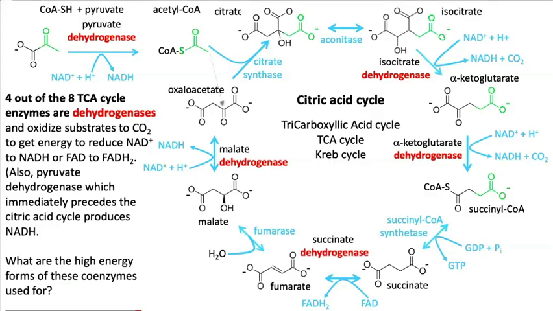Now, I have to point out, I'm exaggerating, right? You got me on that. It does take one FAD and convert it to FADH2. But again, remember that when you're talking about dehydrogenases, most of those reactions, the most energetic ones, take NAD plus and reduce it to NADH. But you can also take FAD and convert it to FADH2.